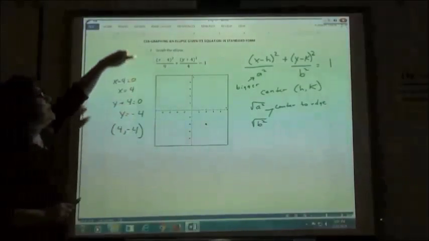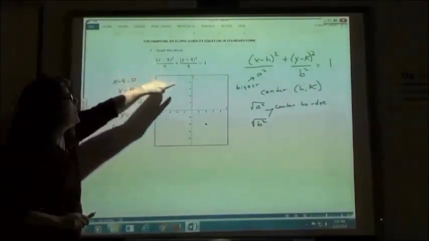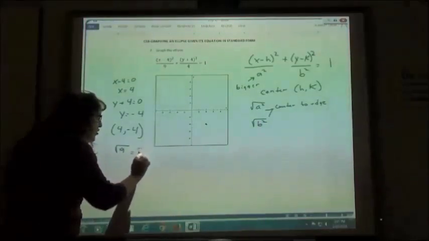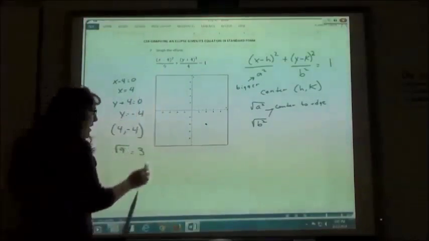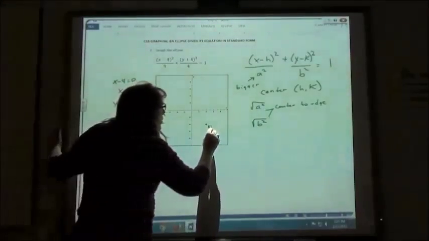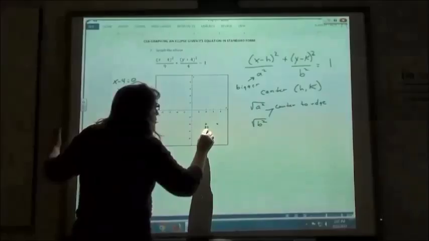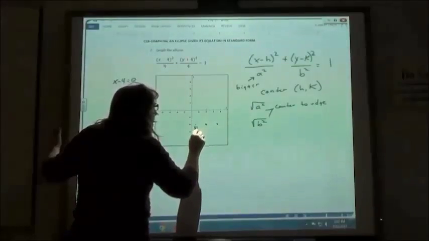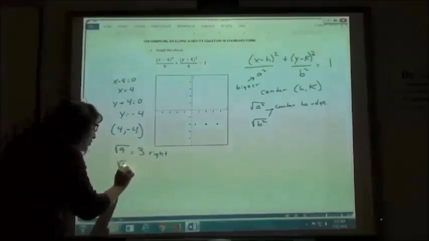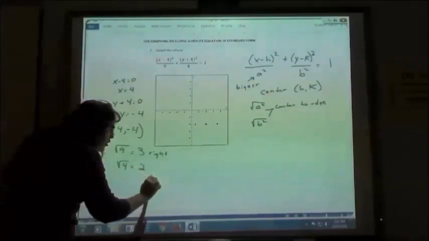Then what I'm basically doing is taking the square root of this number and the square root of this number. The square root of 9 is 3. Since this is under the x, I'm going to go to the right, 1, 2, 3. And also to the left, 1, 2, 3. Under the y, I'm going to do the square root of 4, which is 2.